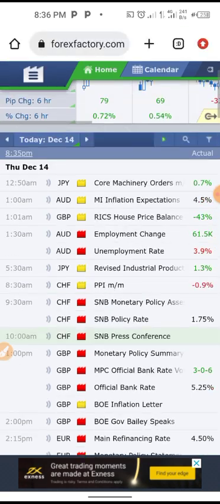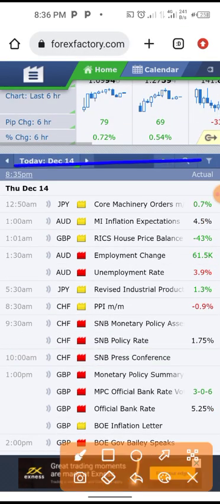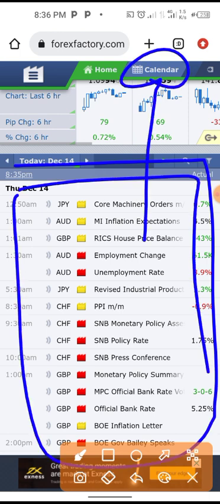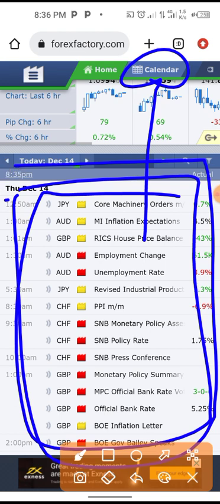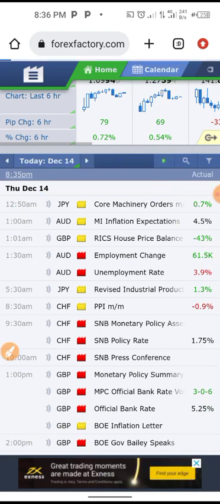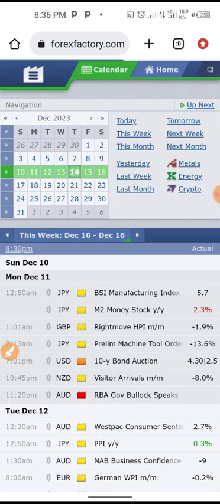I just come here, and I think this is the calendar. If you click on this calendar, it will bring you to the same place. Let me click on it to be sure. Okay, so that is it.